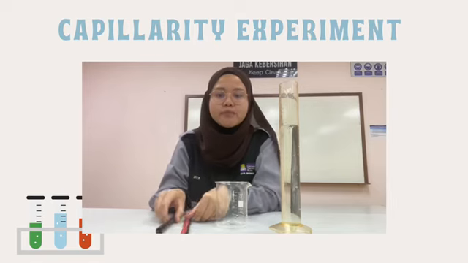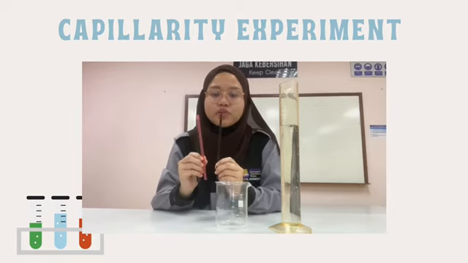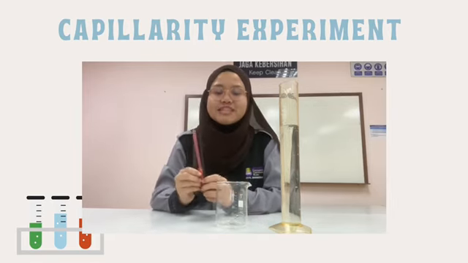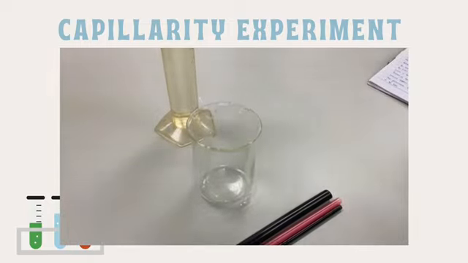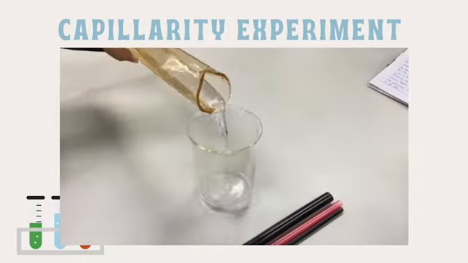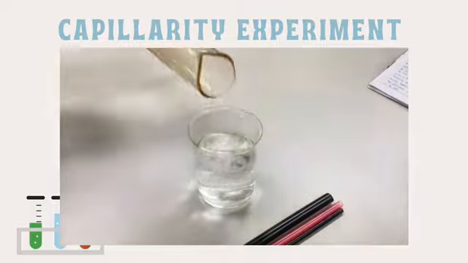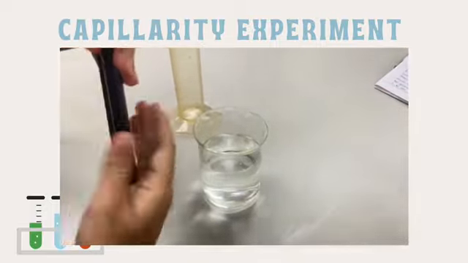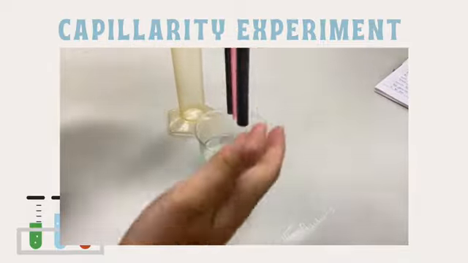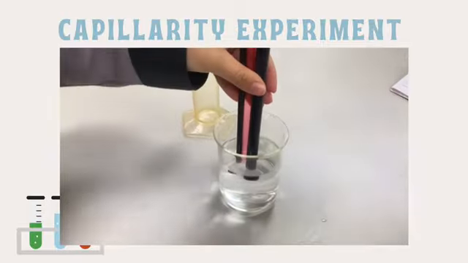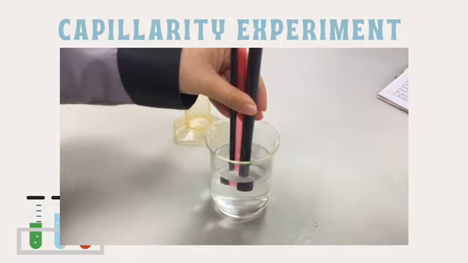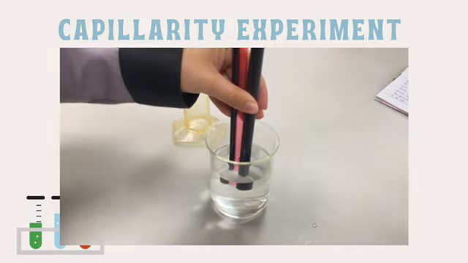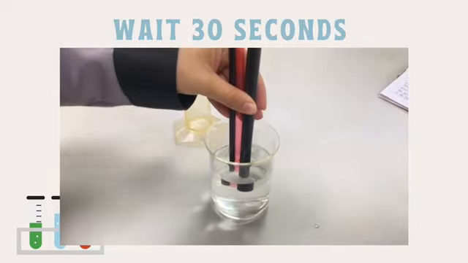Here, I will replace the capillary tube with 3 straws with different diameters but with the same length. First of all, fill the beaker with water. Then, put the 3 straws in the beaker without touching the bottom of the beaker. Stay like that for about 30 seconds.